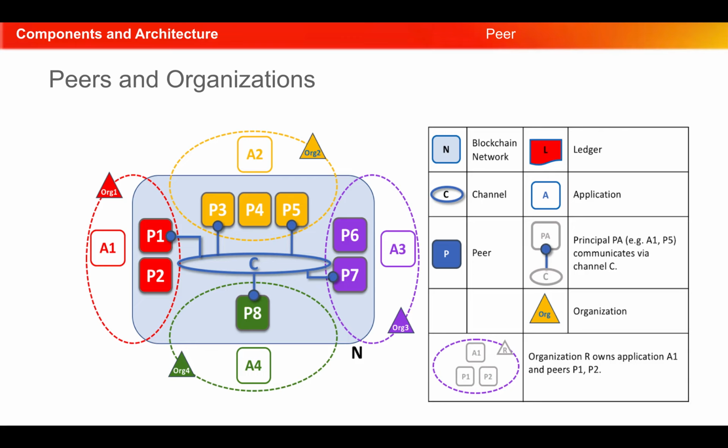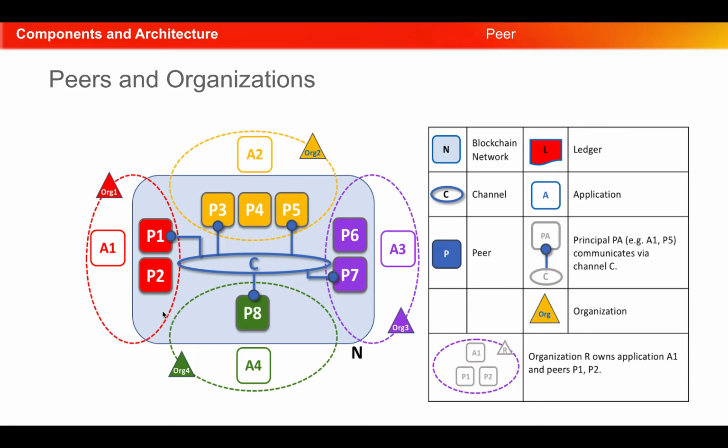Now let me explain peers and organizations and how they are associated. As you can see, consider this as a network which is represented as N. You have a channel C and some circles around it. From this, you can see there is P1 and P2, which are connected to the channel, and there is an application A1 as well.